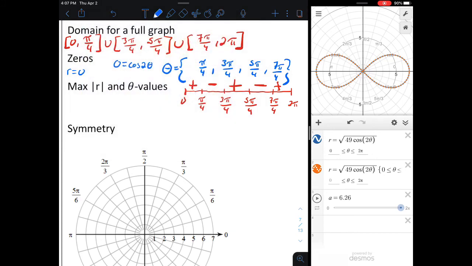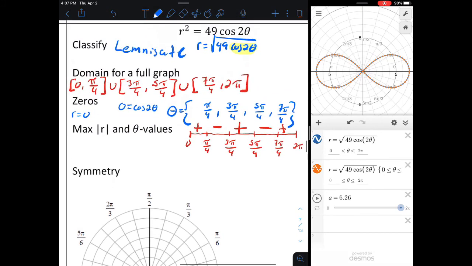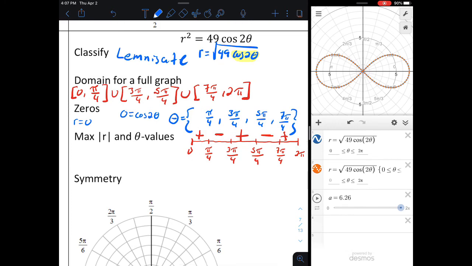Okay, now let's go back to figure out what the maximum values of r are. If I'm looking at this graph, the maximum value of r is on the curve where r is equal to 7. So the max r value, or absolute value, is going to be 7.